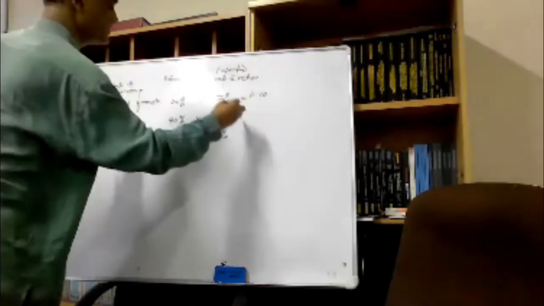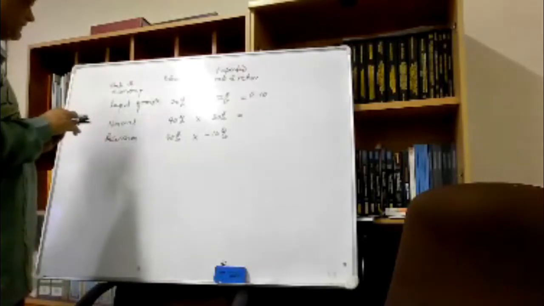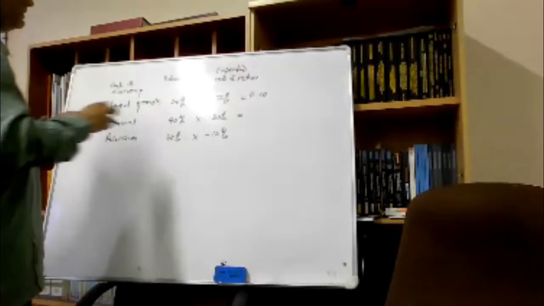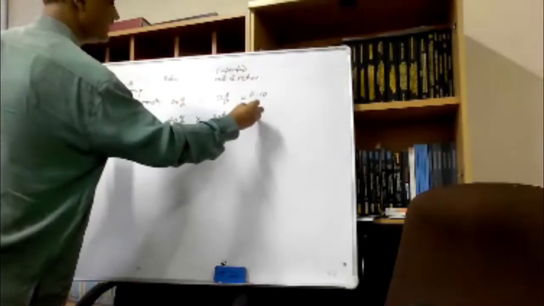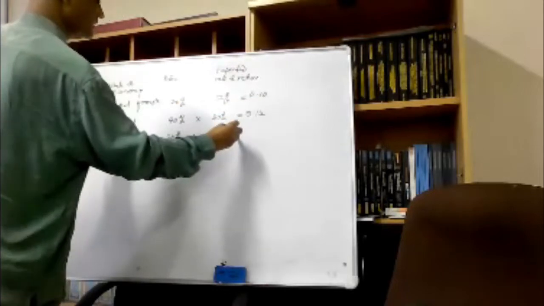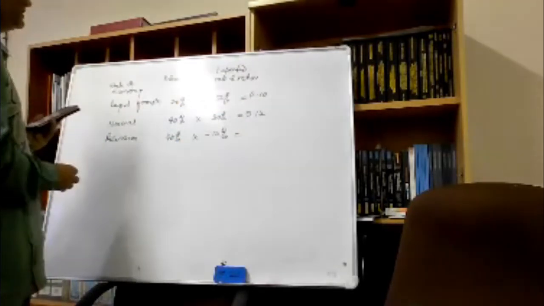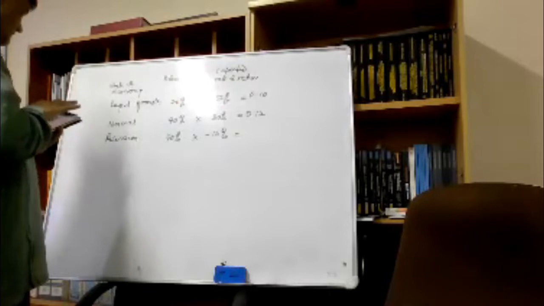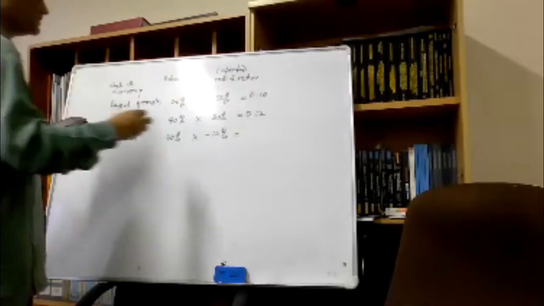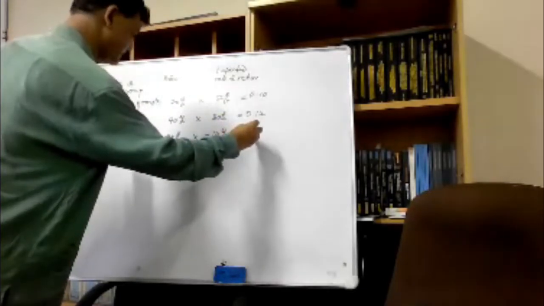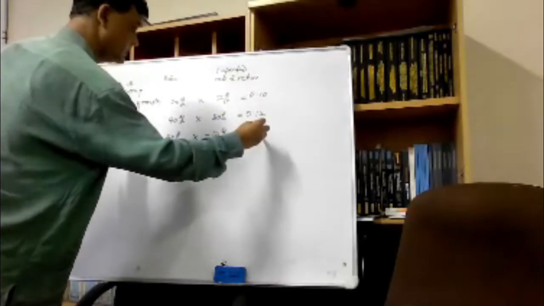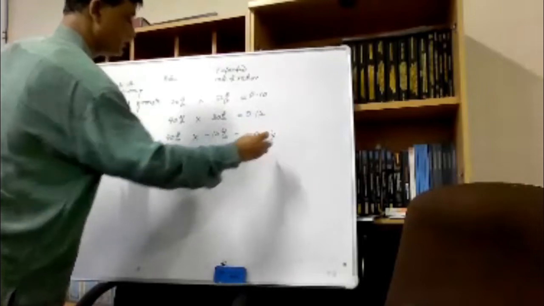So it's 0.10, it's fine. It's right. And 0.12, sorry. And this one is going to be minus 0.04.